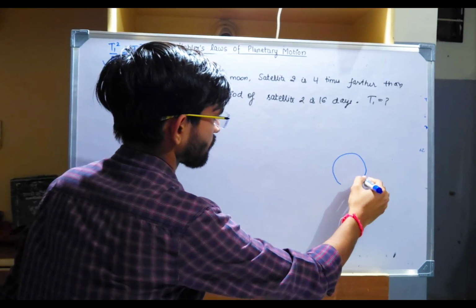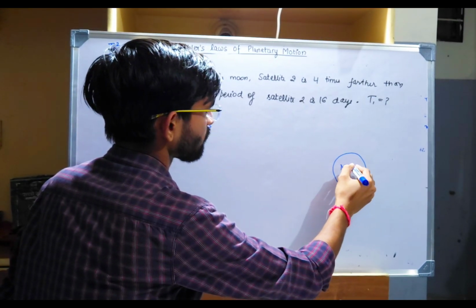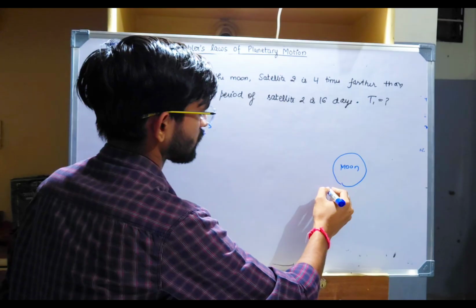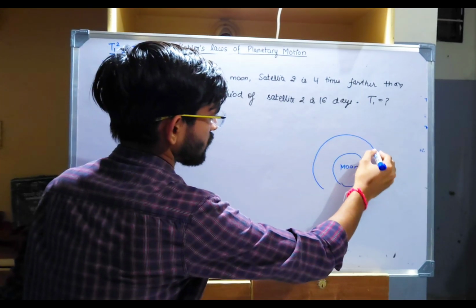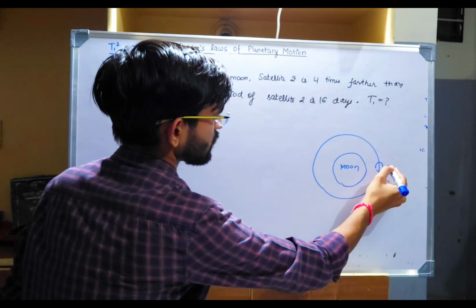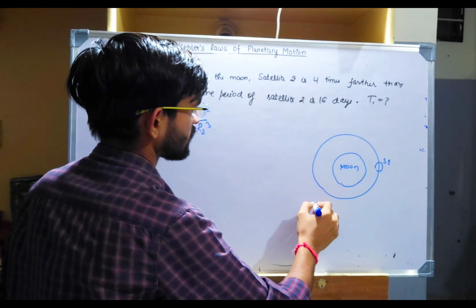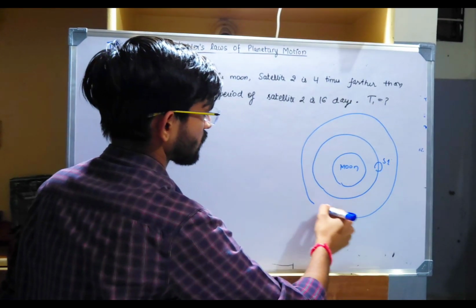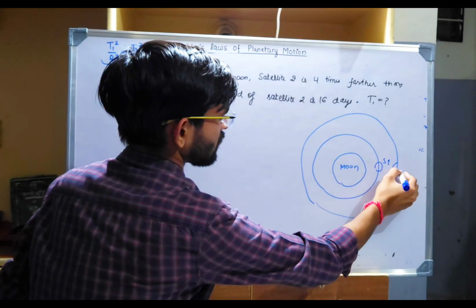Suppose this is the moon, and this is the orbiting path of satellite 1. This is satellite 1 and this is the orbiting path of satellite 2.